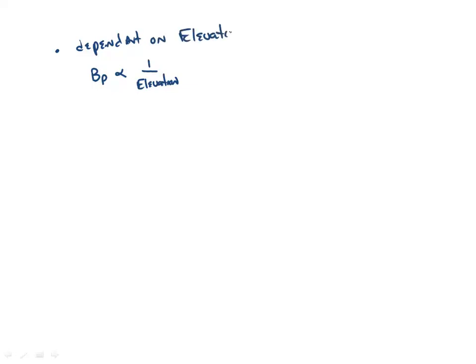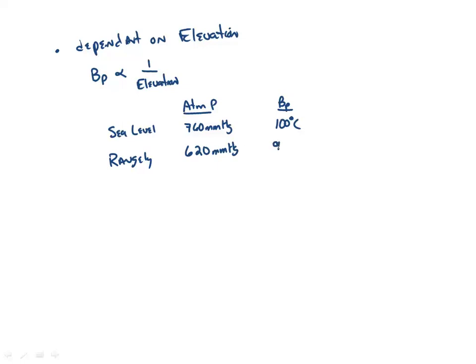If we go back to the beginning when we were talking about sea level, we said the atmospheric pressure is 760 millimeters of mercury, and the boiling point for water is 100 degrees Celsius. But if we go to Rangely, then we said it's about 620 or something, and we find the boiling point of water is about 95 degrees Celsius.